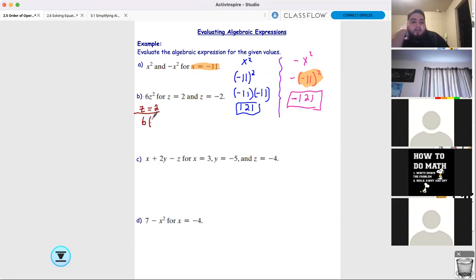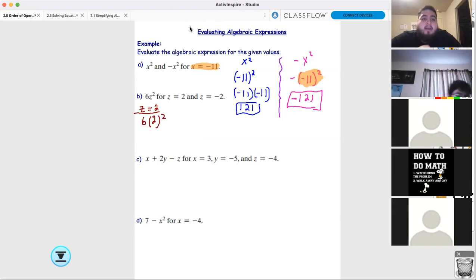So we're gonna get 6 parentheses 2 squared. Now, class, using PEMDAS, am I gonna do 6 times 2 first and then square? Or am I gonna do 2 squared first and then multiply by 6? Which route do y'all think we will go? We're gonna do 2 squared first, right? And why 2 squared first though?